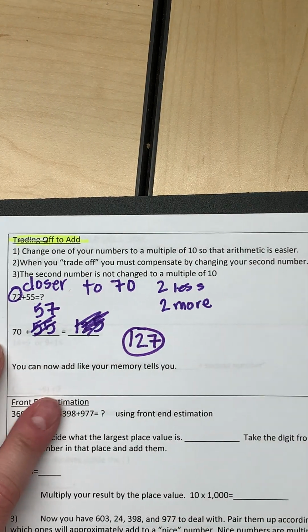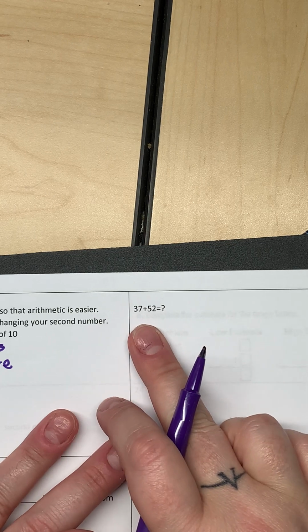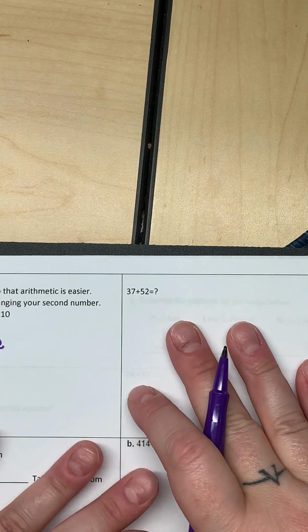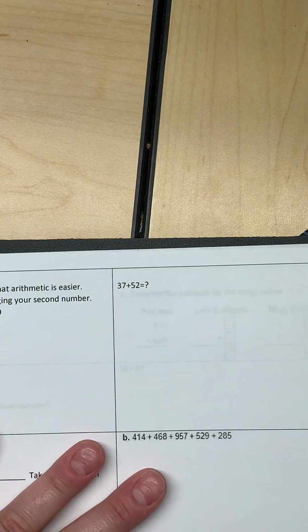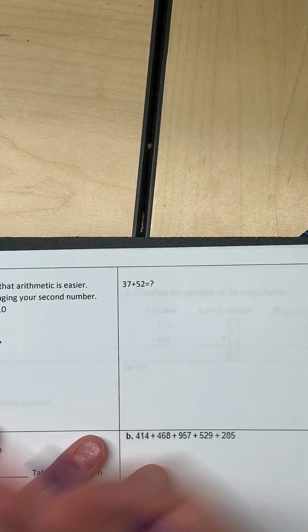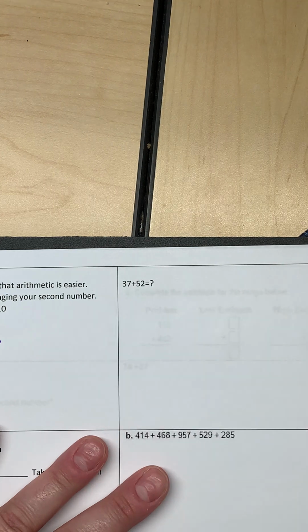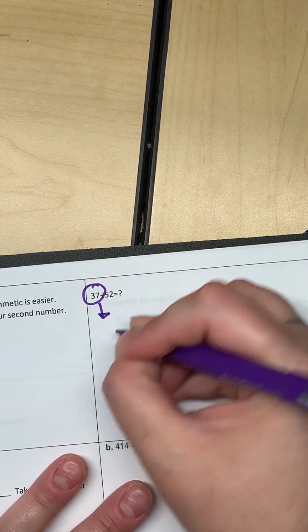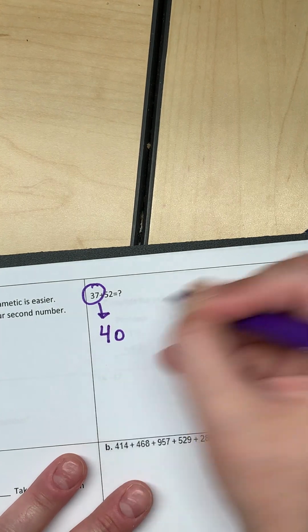Okay, let's do it again. Let's look at this 37 plus 52. Let's see, which one of these is closer to change to a 10? Maybe the 52 or the 37. It doesn't really matter. I'll just change this 37 to a 40.